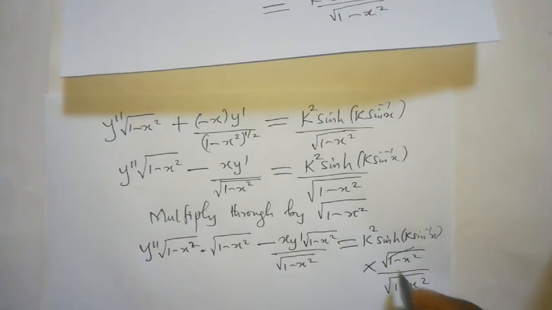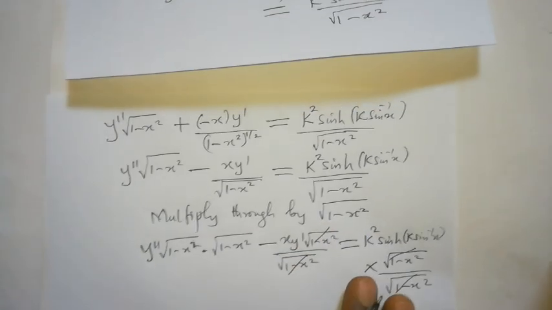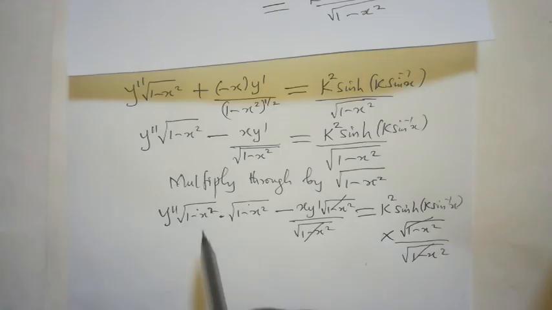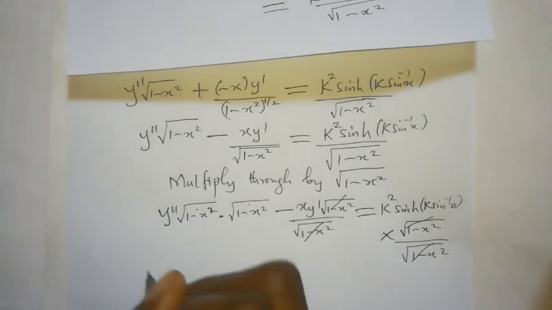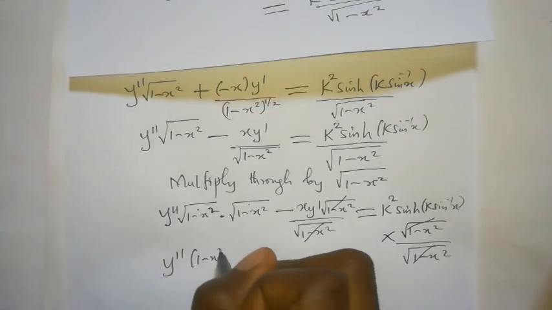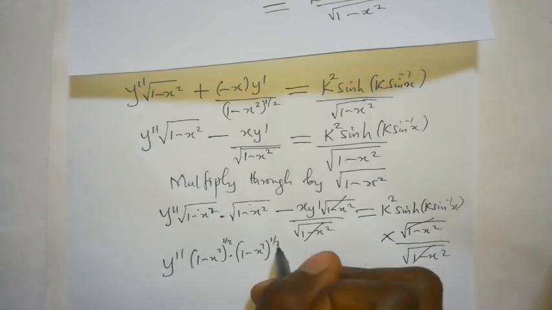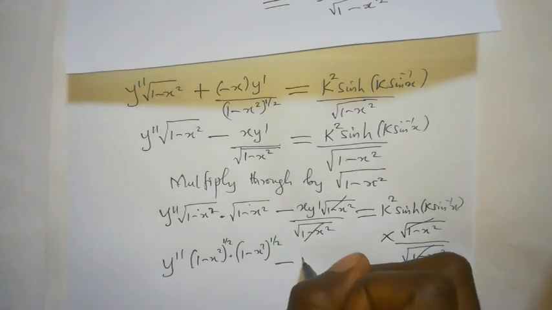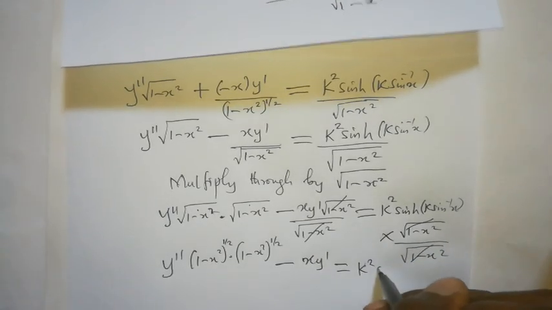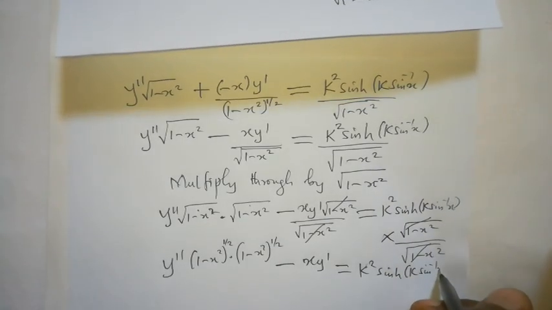So you see, this and this will go, this and this will go, so we are left with what? The square root of this and the square root of this, they will what? Because it's going to be what? y prime prime, 1 minus x squared, this to the power of 2 dot 1 minus x squared, this to the power of 2, you get it, minus x y prime is equal to k squared sine k sine inverse of x.